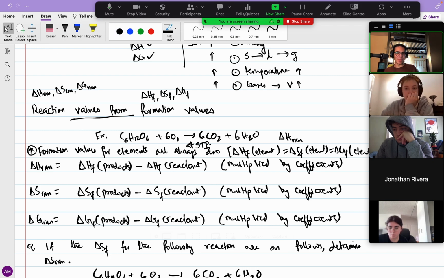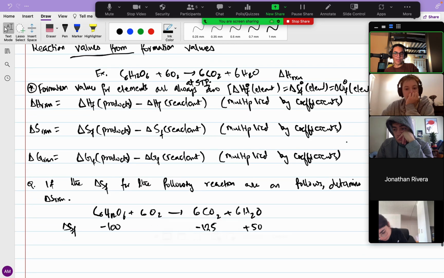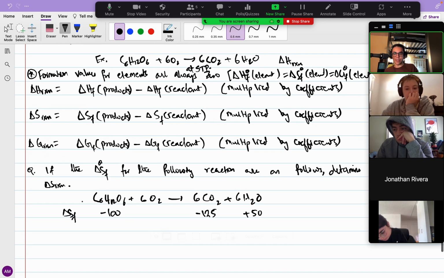If you change the temperature, the story's a little different. At standard, so let me just put the standard symbol on all these. And let's say that these are the standard entropy values down here. Cool.